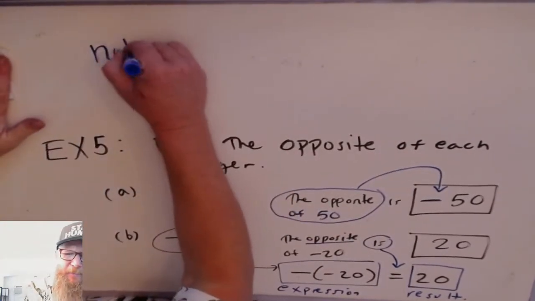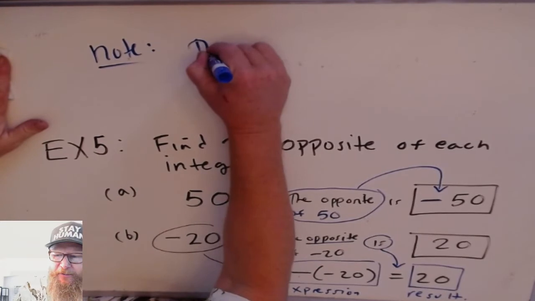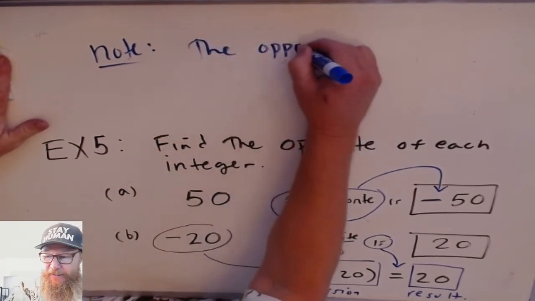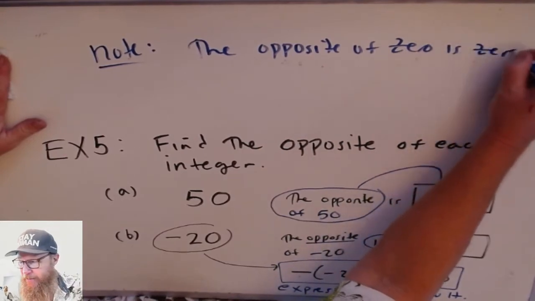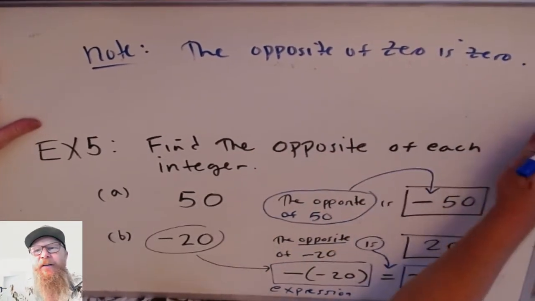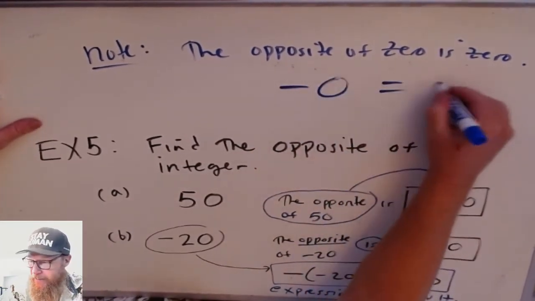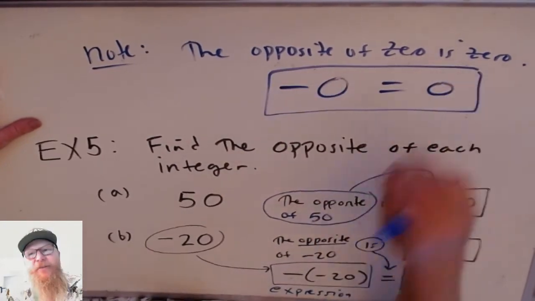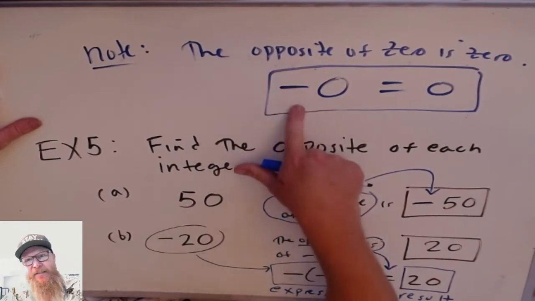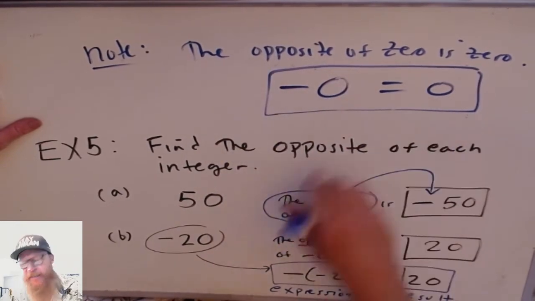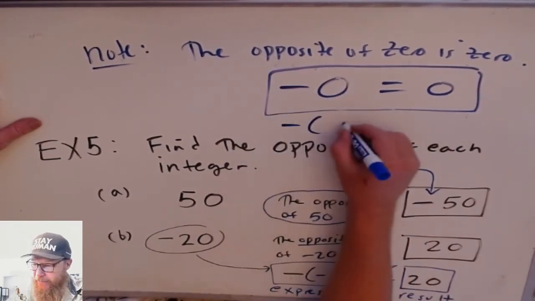And then I'll make an important note. The opposite of 0 is 0. In other words, there's no such thing as -0. The opposite of 0 is 0. Or sometimes we write it this way.